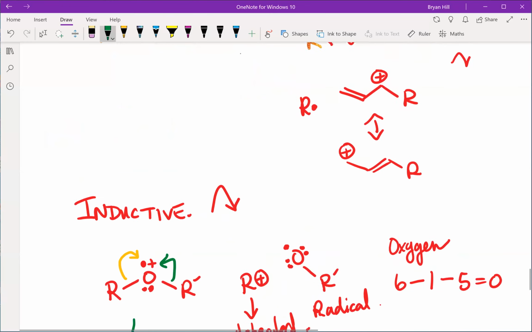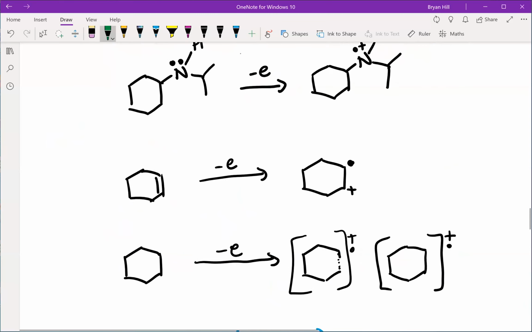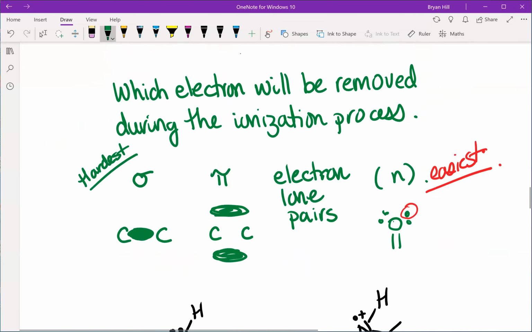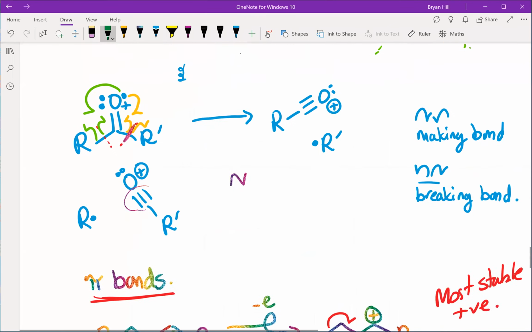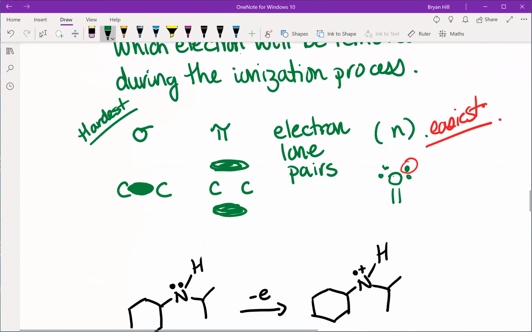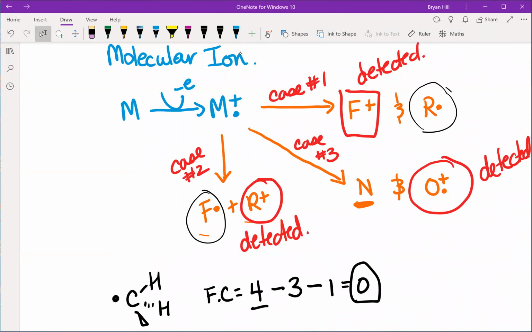The last part, which we don't have time for right now because I've run over time, is the fragmentation pattern which gives us these species right here, to generate a neutral molecule plus keep the fragment as a radical cation, that involves breaking more than one bond at once.